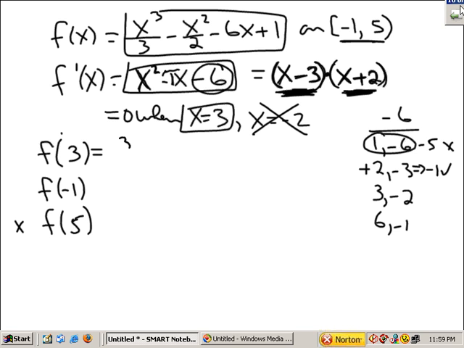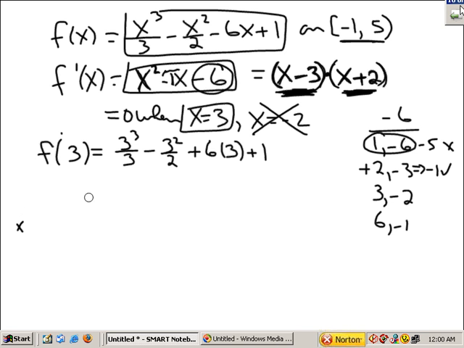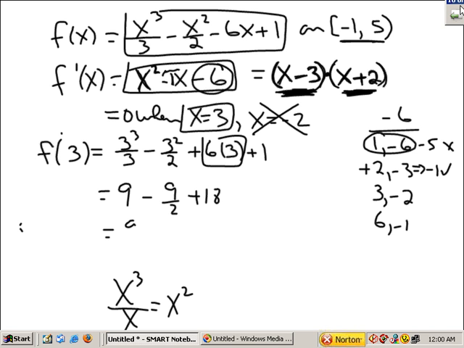Well, f of 3 is 3 cubed over 3 minus 3 squared over 2 plus 6 times 3 plus 1. 3 cubed over 3, just like x cubed over x is x squared, is 3 squared, or 9, minus 9 halves, plus 18 plus 1.